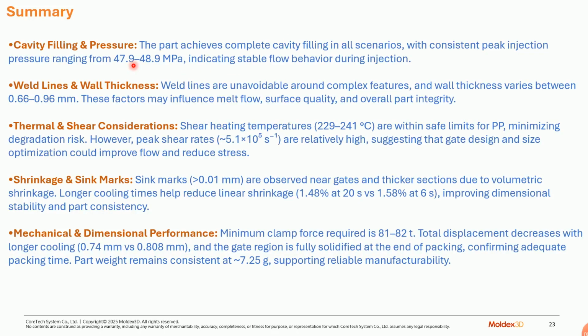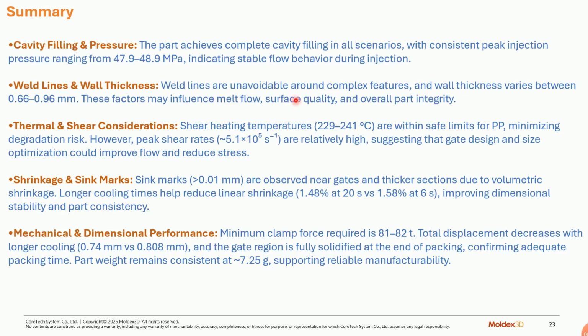Second one, even if we are changing the cooling time, the pressure requirement is around 48 megapascal to 49 megapascal, not more than that. And moreover, since the part has a small pocket, the weld line is unavoidable. That is also logical.